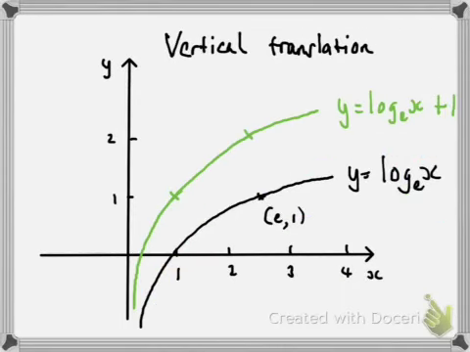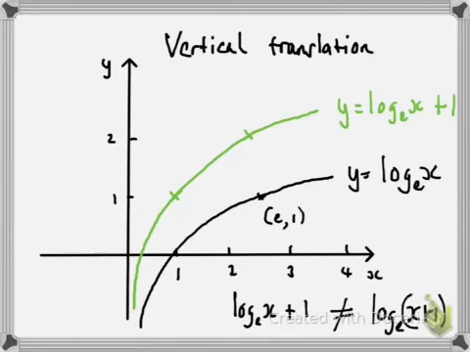Vertical translation. If we've got a plus 1 tagged on to the log x to the base e, be very careful, these two things are different, and I'll write them here, so please make note of this if you're taking notes. That's why you should bracket the second one. They're two different things.